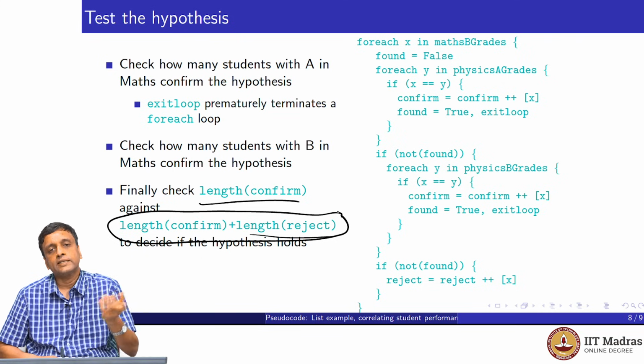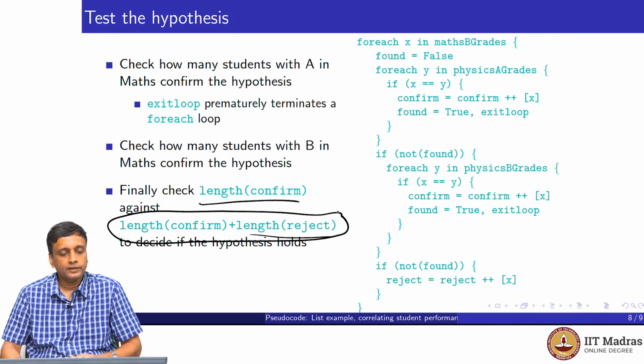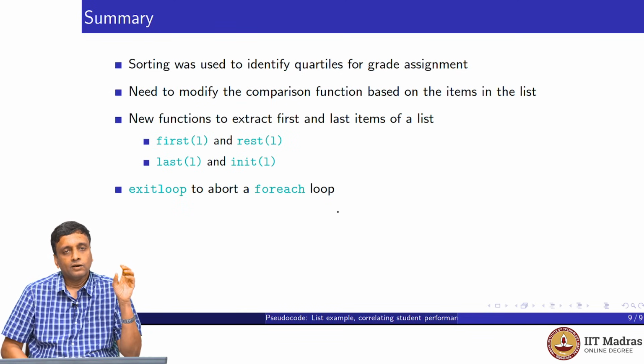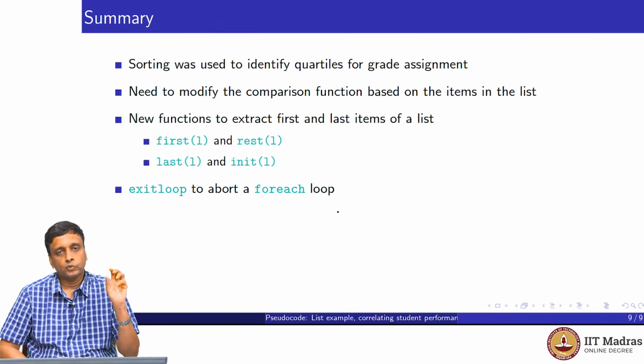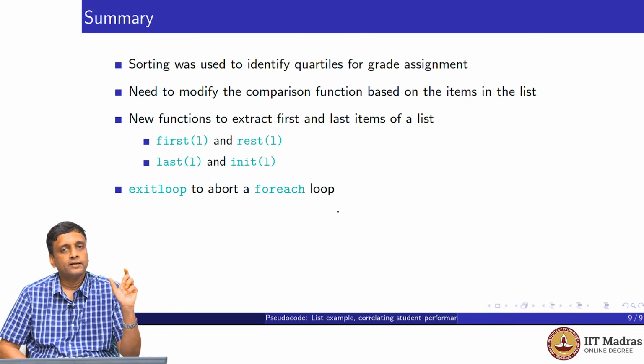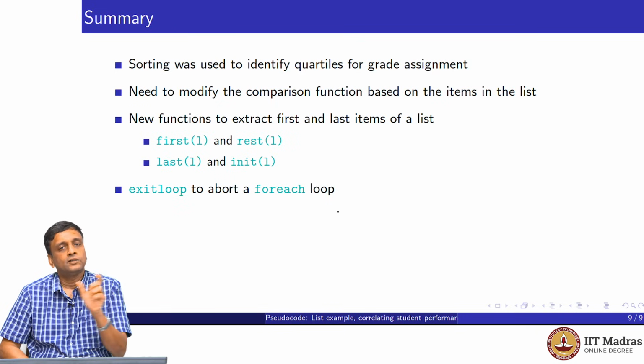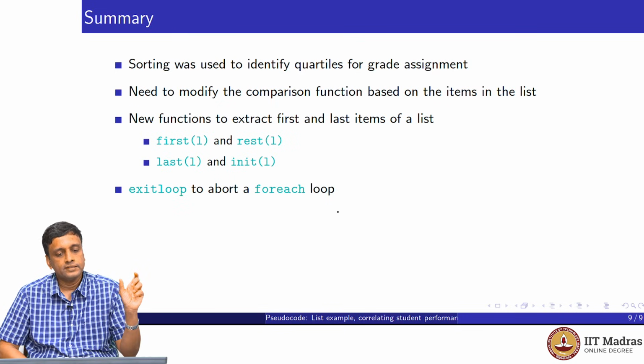But along the way, we have seen a lot of interesting things with lists, right? To summarize, we saw one concrete use of sorting here, which is to identify these quartiles for grade assignment. If we did not do this, it would be very hard to figure out who are the top 25%, who are the next 25%. Once we sort them, we can just chunk that list into equal size bits of a quarter, and we get the 4 grades, right?